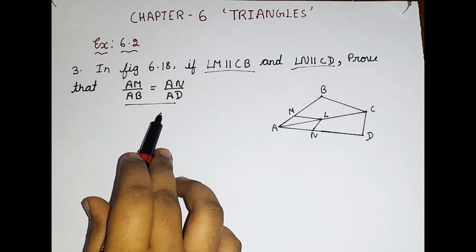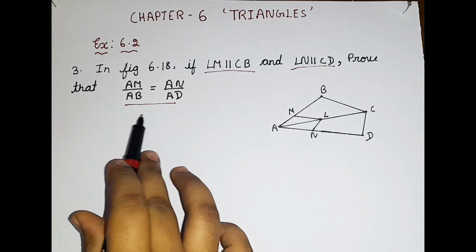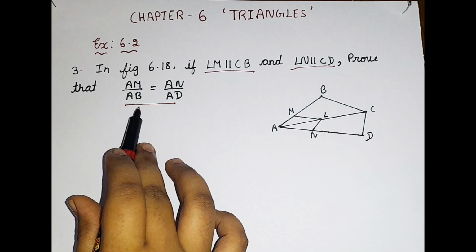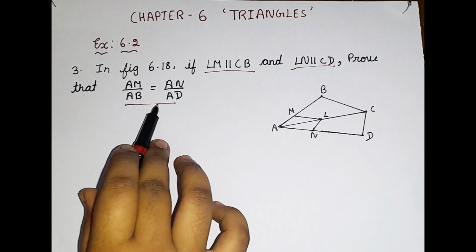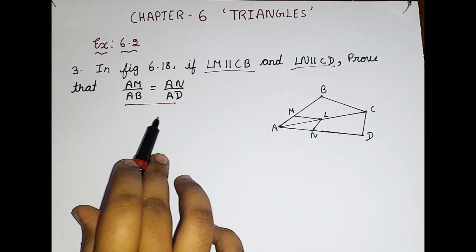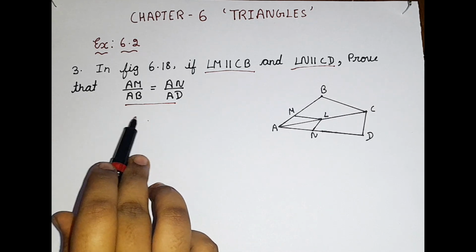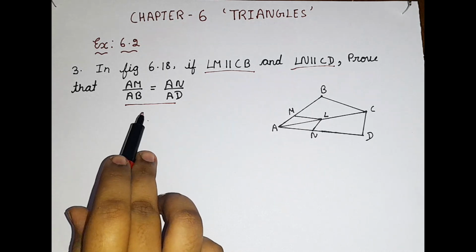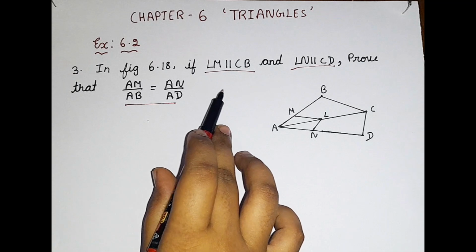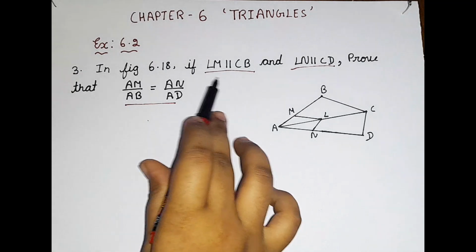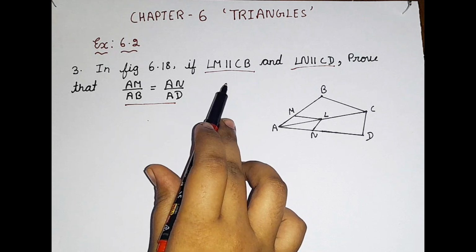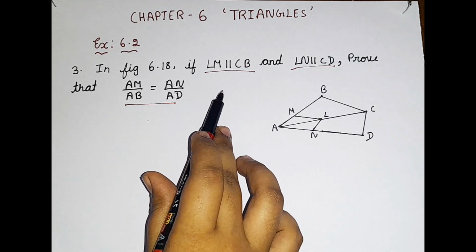If we have this in the question and we are supposed to prove it, then also we can just use Thales theorem. If they had mentioned parallel, that means LM is parallel to CB, then also we use Thales theorem.